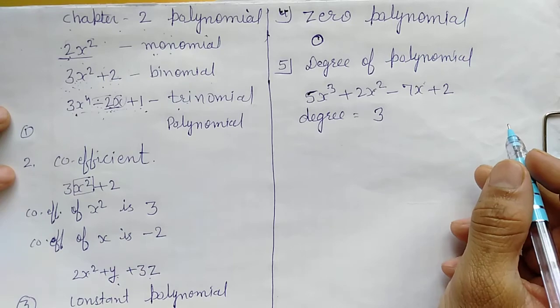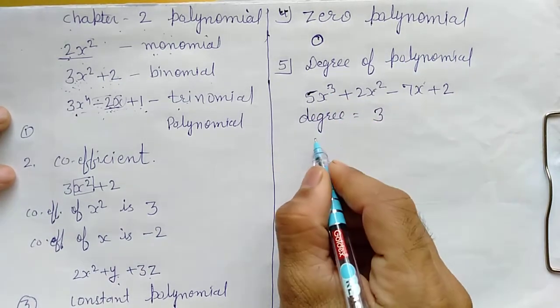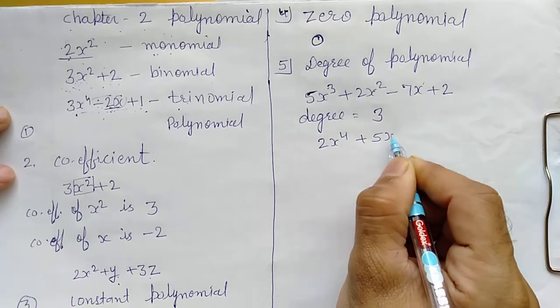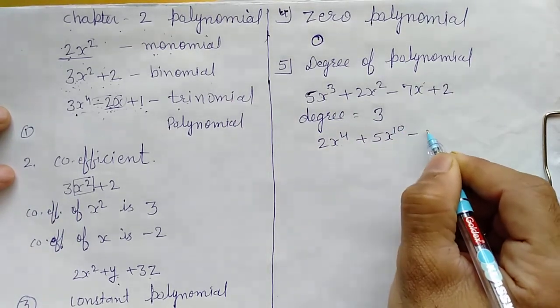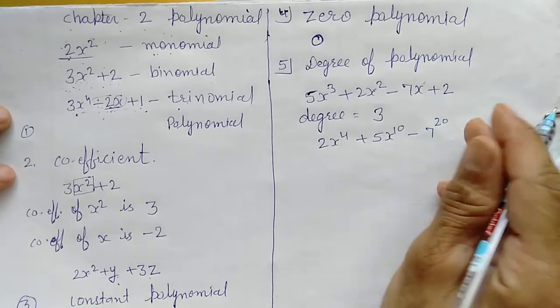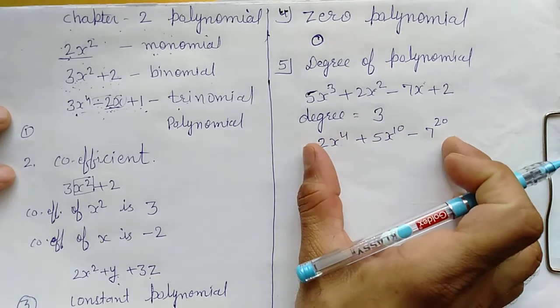If I write one more here, 2x power 4 plus 5x power 10 minus 7x power 20. Now what is the degree of this one?